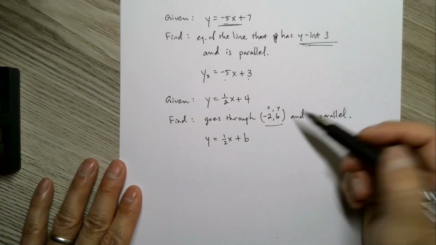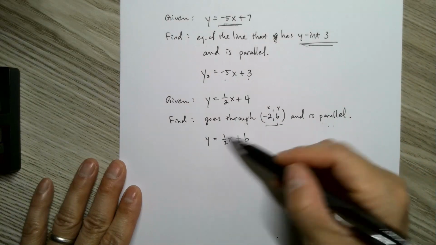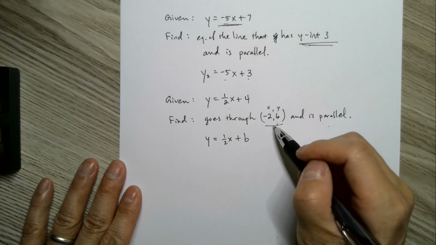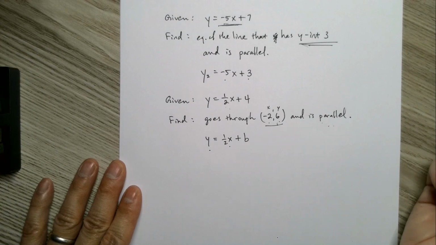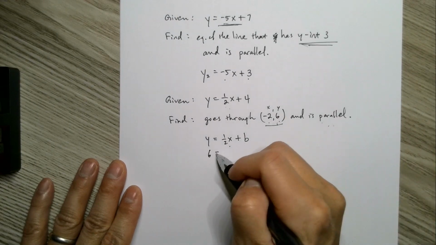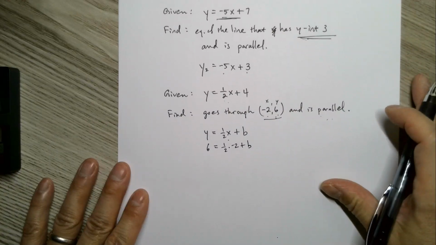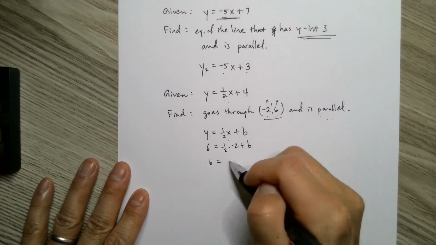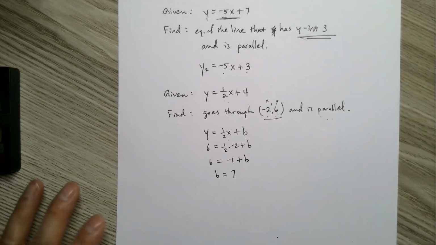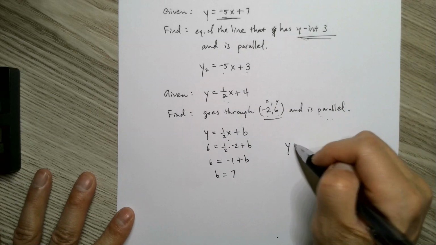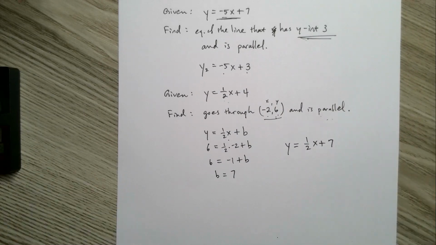Since this line is a member of this linear function, I should be able to put the coordinates of this point in here. 6 equals 1/2 times negative 2 plus b. 6 is negative 1 plus b. b is 7. So my equation is y equals 1/2 x plus 7.